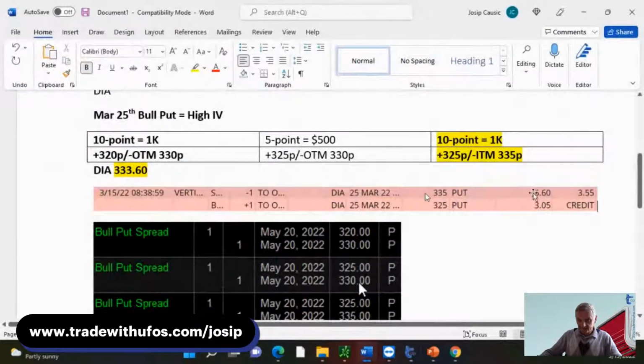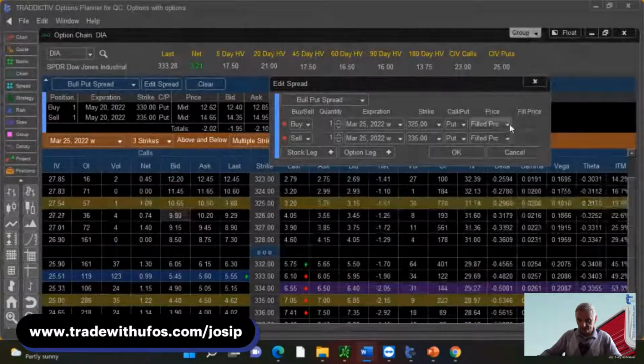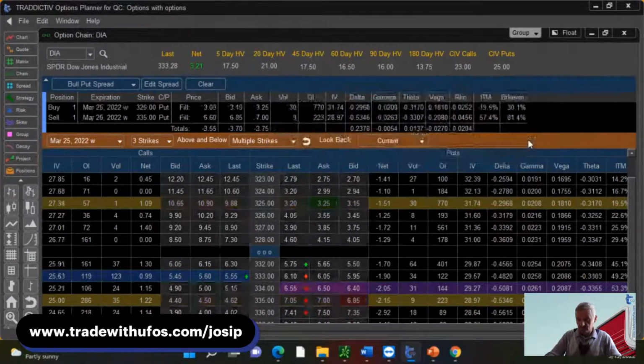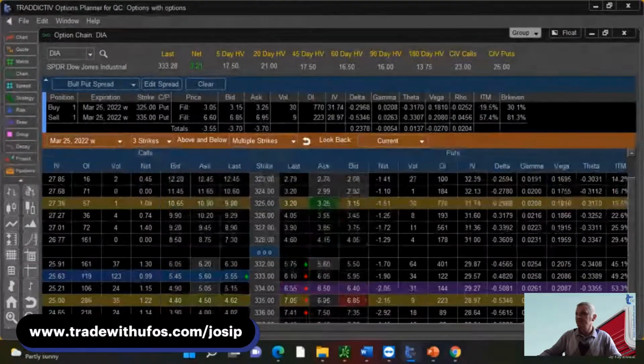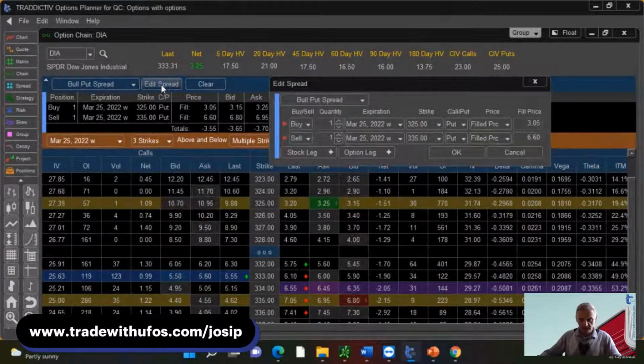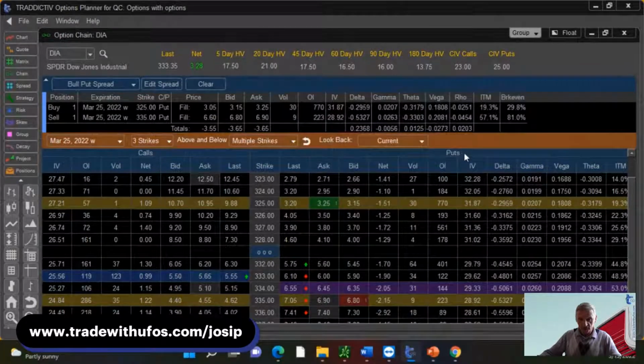So 335 I got for 660, 325 I got for 305. So 305 and 660. These are the strike prices that I was filled at. When I go over here and edit the spread, you see that everything adds up, everything is correct.